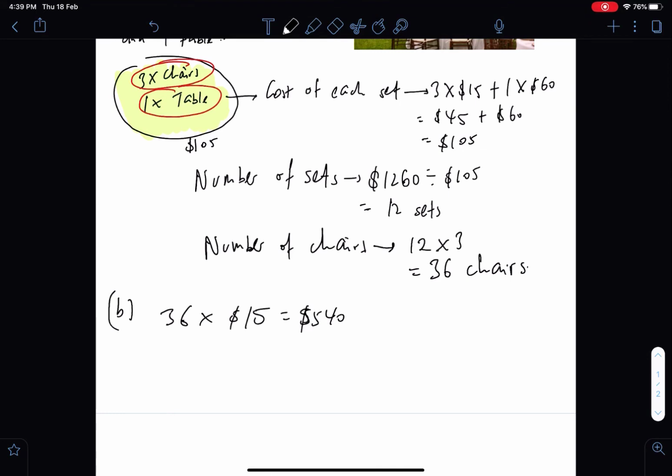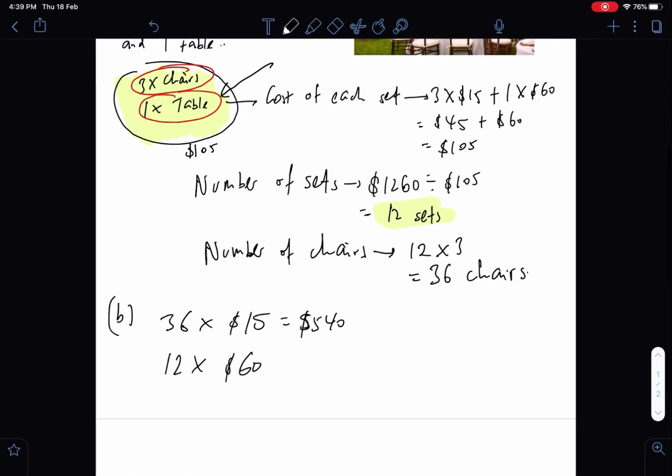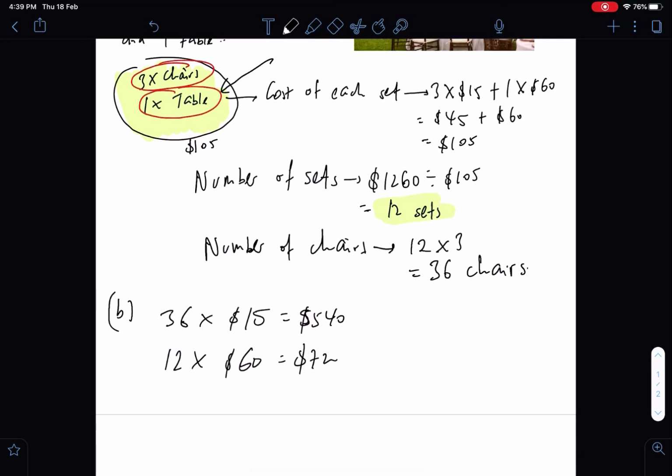And we do the same thing, but this time around we find the table costs. For tables, we have 12 sets. Each set has one table, so in total there will be 12 tables. So 12 times 60 is $720.